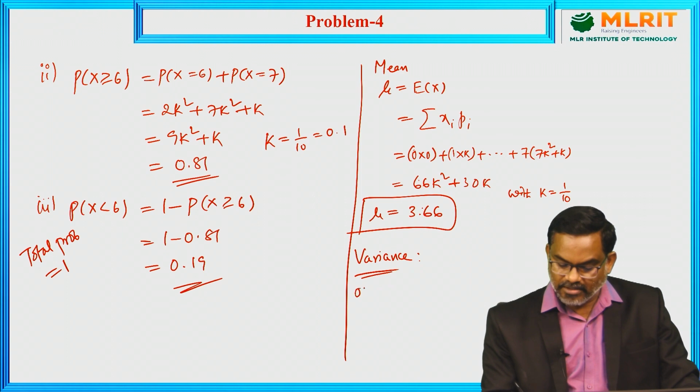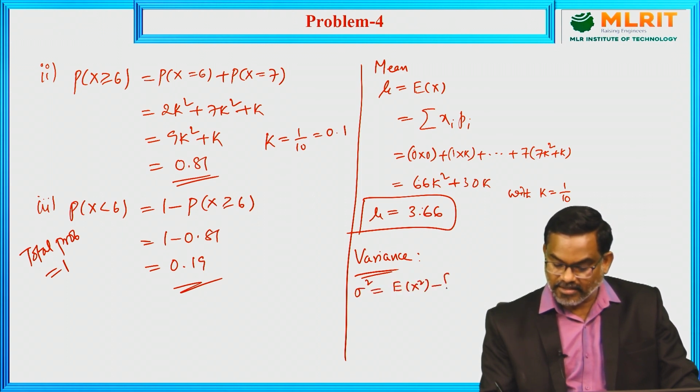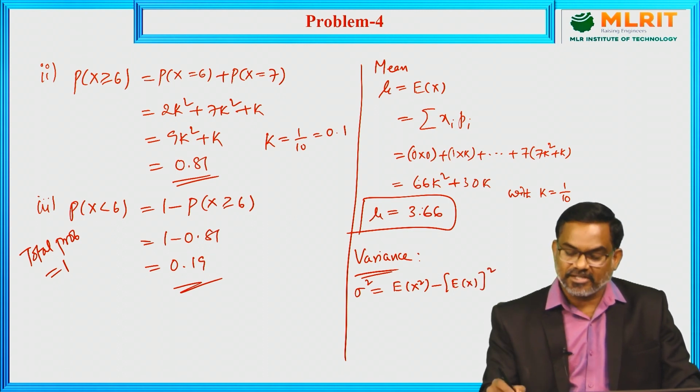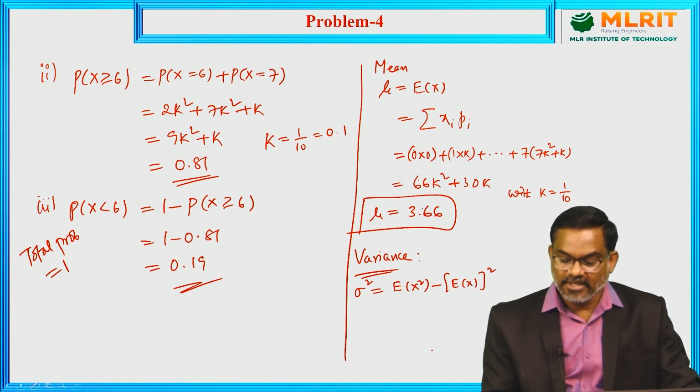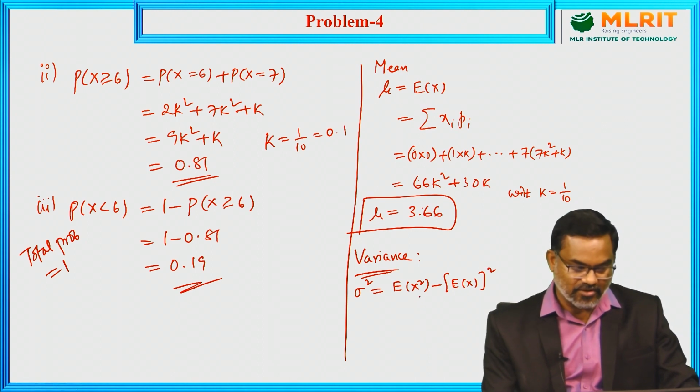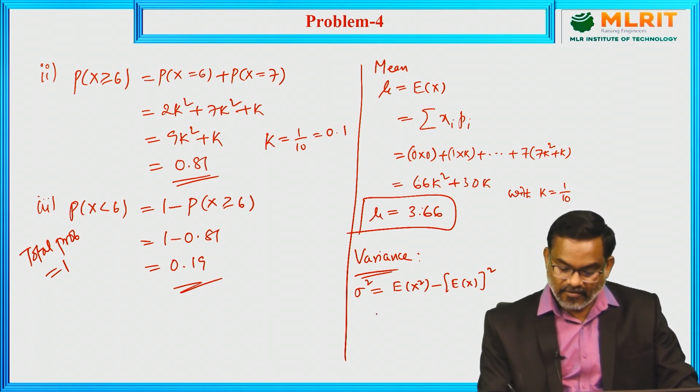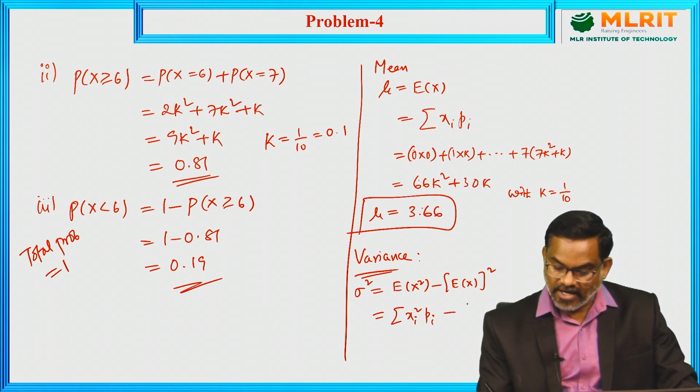The formula is sigma square is expectation of x square minus expectation of x whole square. Expectation of x was just now calculated as 3.66, and we need to calculate expectation of x square, which is sigma xi square into pi, minus 3.66 whole square.